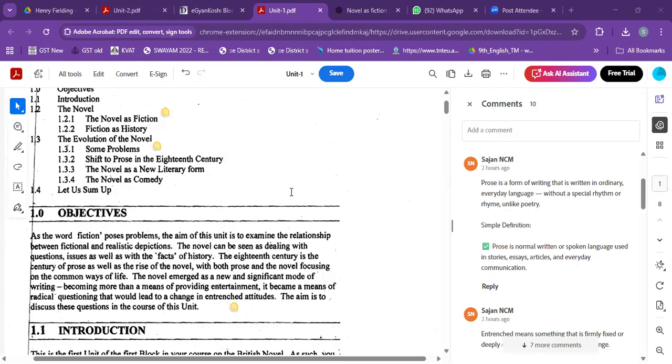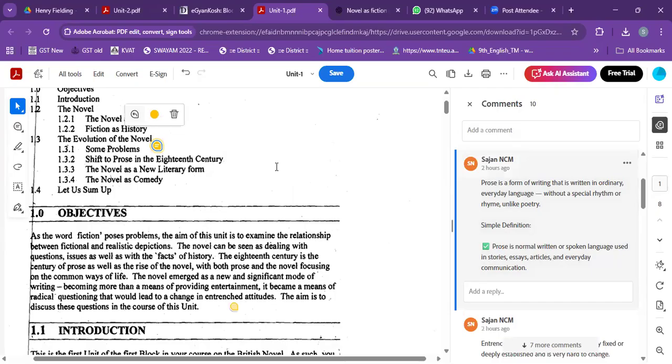There you have some problems, and a shift to prose in the 18th century. In the 18th century, you have a shift to prose, which we will study further. Then you have the novel essay.